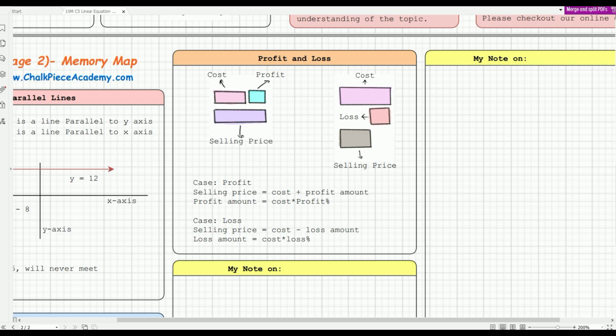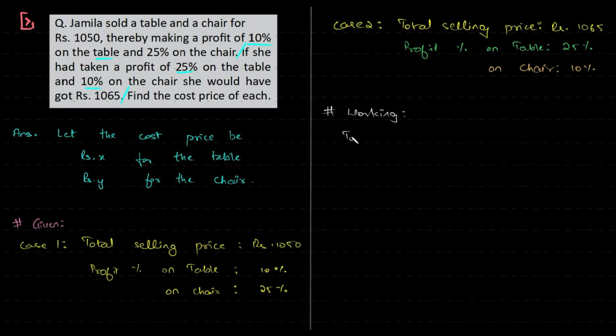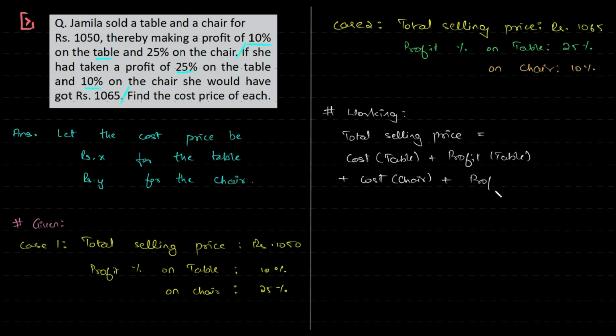But there are two items, so total selling price is equal to the cost of the table plus the profit made on the table, plus the cost of the chair plus the profit on the chair. This is the fundamental formula.